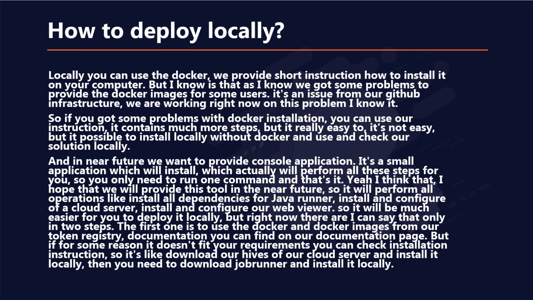It will perform all operations like installing all dependencies for the job runner, installing and configuring the OpenCloud server, and installing and configuring our web viewer. So it will be much easier for you to deploy locally. But right now, there are only two options.